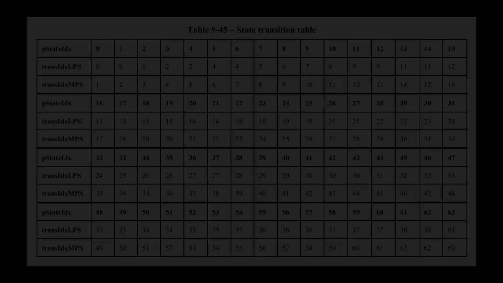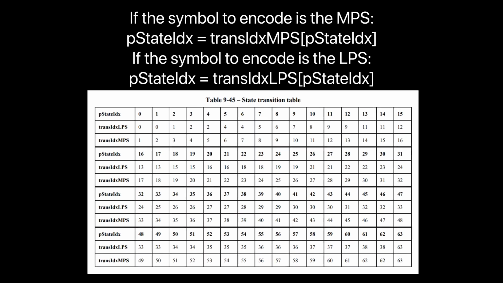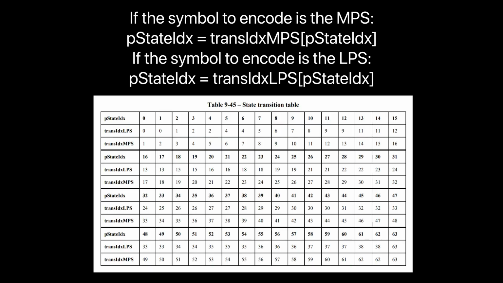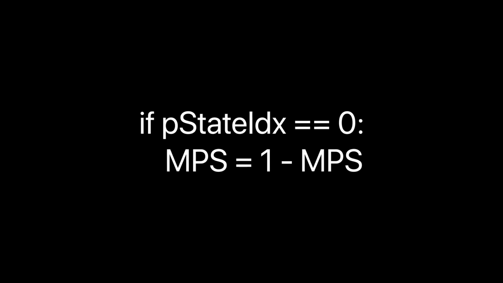This step updates p-state-idx or the MPS certainty. Again, to avoid excessive computation, we will use table 9-45 of the H264 specs. Here is the mapping of p-state-idx depending on the MPS or LPS. If p-state-idx has lowered to 0, then we will flip the MPS.